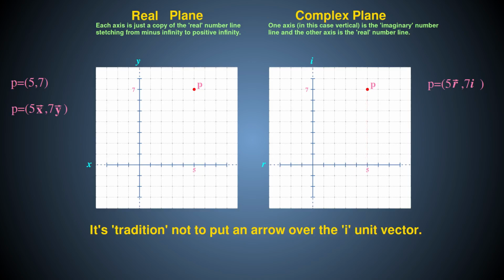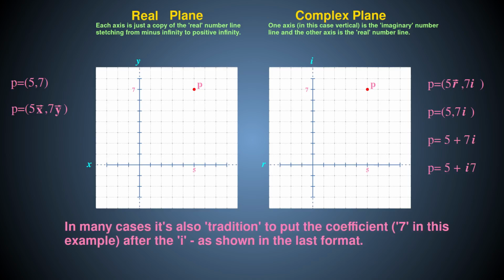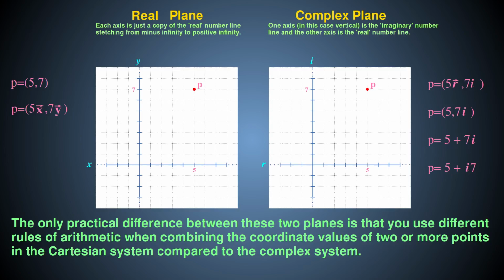So this would actually be written like this: 5, 7i, or this, 5 plus 7i. The reason we keep the i in there is because it acts as a signpost to tell us we're dealing with a complex number, because combining 2 complex numbers requires slightly different rules of arithmetic compared to combining 2 real Cartesian coordinates. The difference in the rules is due specifically to the way the 2 imaginary numbers combine.